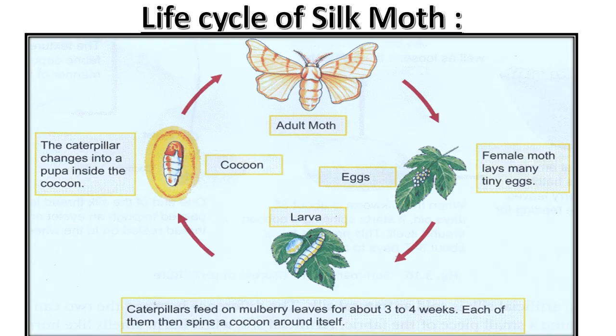Caterpillars feed on mulberry leaves for about 3 to 4 weeks. Each of them then spins a cocoon around itself. After that comes the cocoon. The caterpillar changes into a pupa inside the cocoon. And finally, we can again get the adult moth.